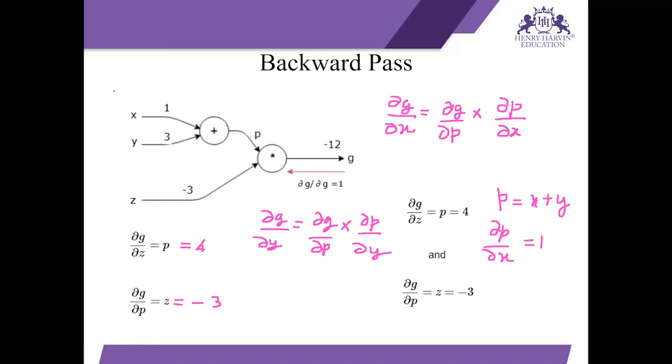That is 1. So the answer is going to be minus 3. Clear? Similarly, to find dou P by dou Y, again this is going to be 1. So this is also dou G by dou P, so again this is also going to be minus 3. Hope this is clear to you.